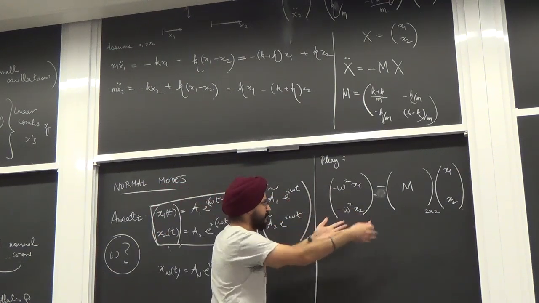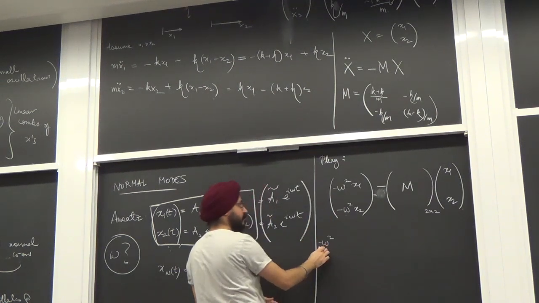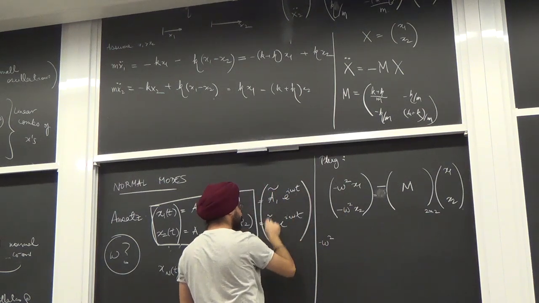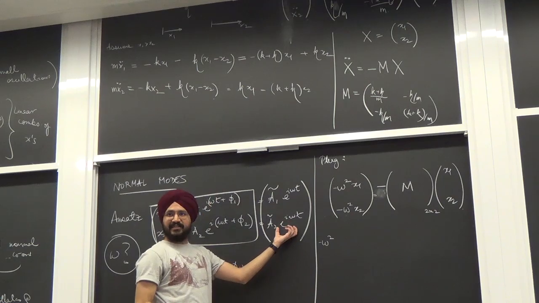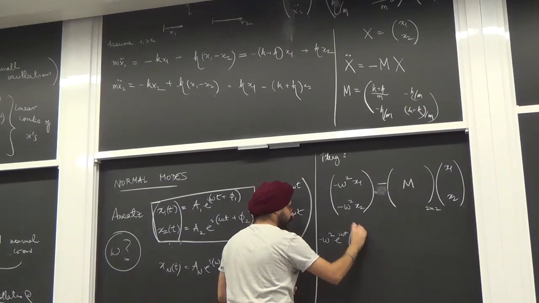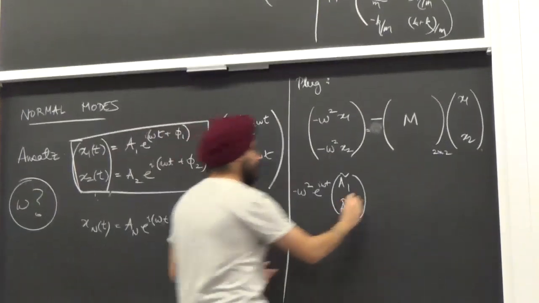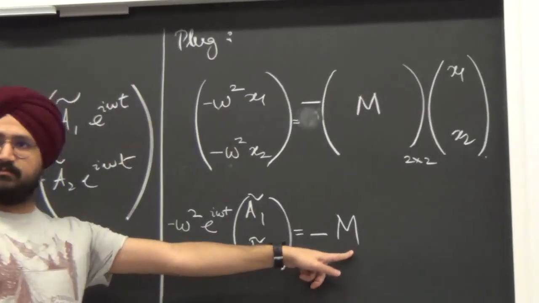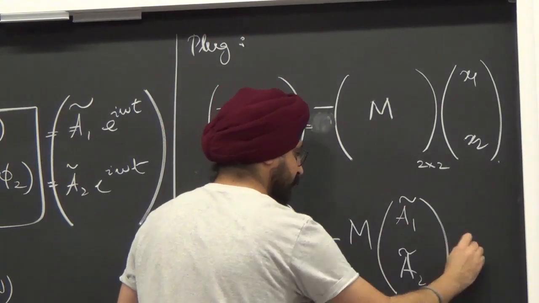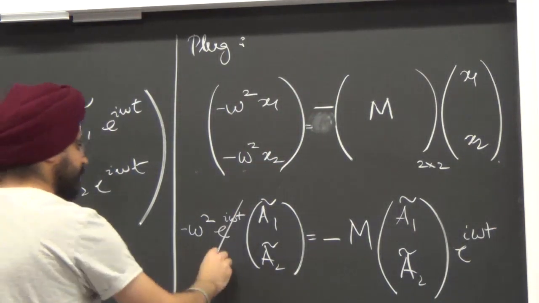It's making it more explicit. I pull the minus omega squared out front. So it's minus omega squared times x1, x2, which is A1 tilde e to the i omega t, A2 tilde e to the i omega t. e to the i omega t is common for both. Pull it out, e to the i omega t times A1 tilde, A2 tilde. Equals minus the M matrix times A1 tilde, A2 tilde, e to the i omega t is common. Okay? e to the i omega t is cancelled off.